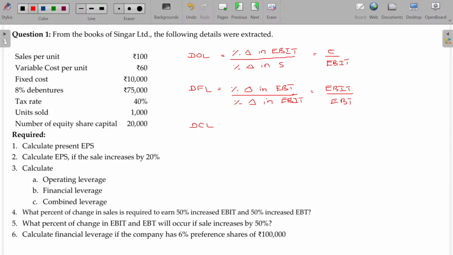If you combine that, numerator and denominator will be cancelled, then the answer will be percentage change in EBT divided by percentage change in sales. Otherwise, C bar EBT will be the final answer. Right.